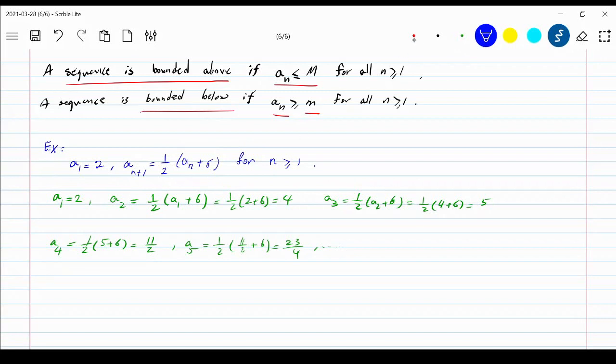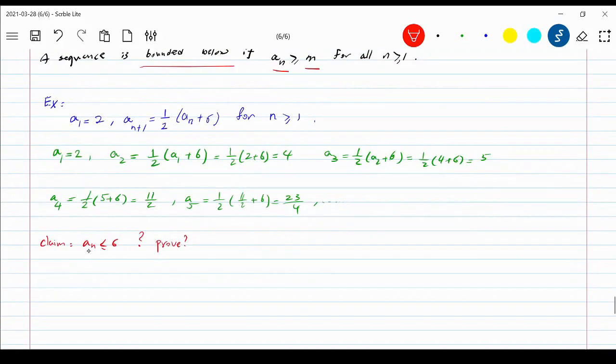This is what I claim: that a_n is less than or equal to 6. How can I show it? Can I prove it? Let's say a_n is less than 6. How about a_{n+1}?